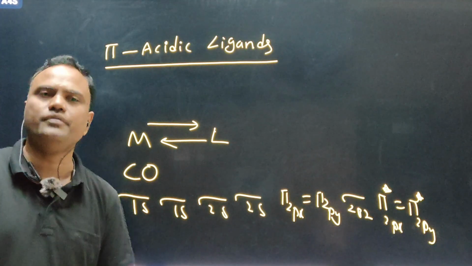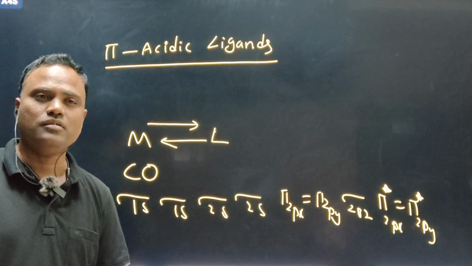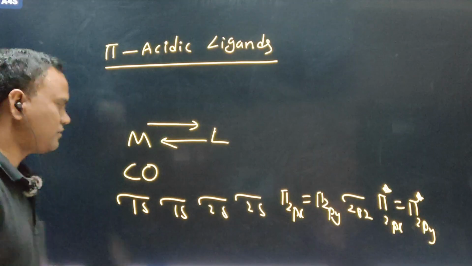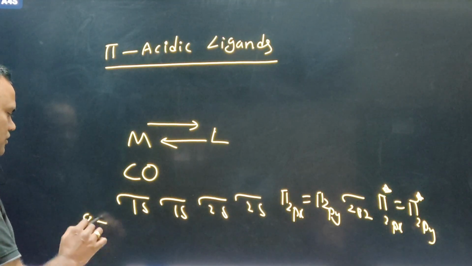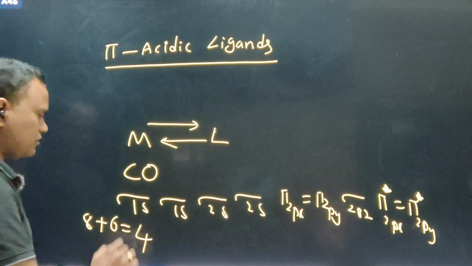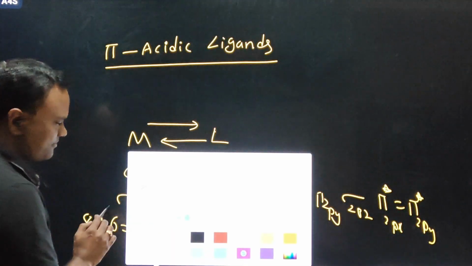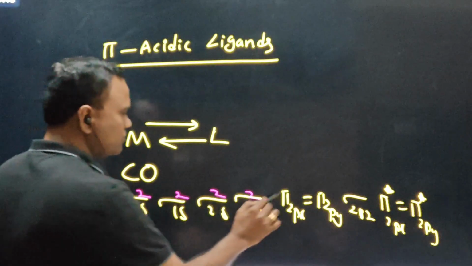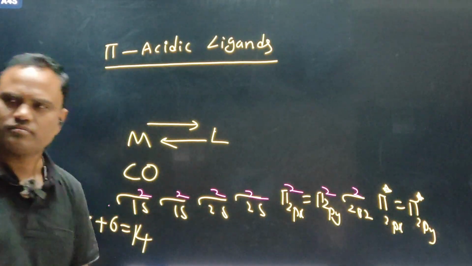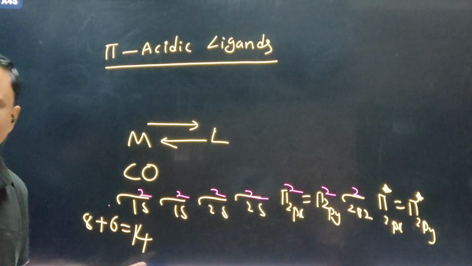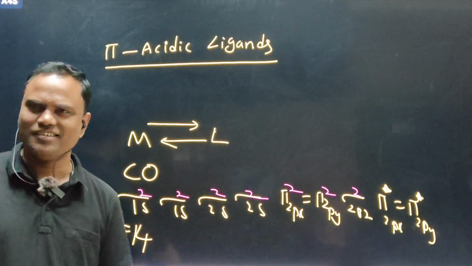Oxygen 8, carbon 6, 14. 14 electrons we have to fill. 1, 2, 3, 4, 5, 6, 7. 7 electrons were filled. This is chemical bonding actually.